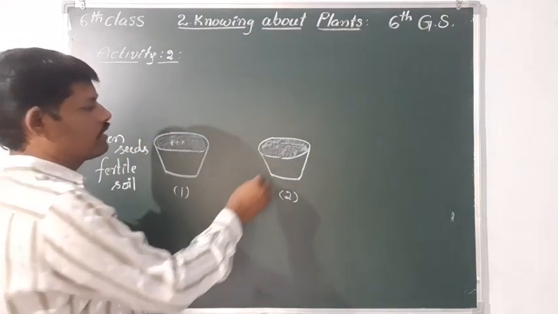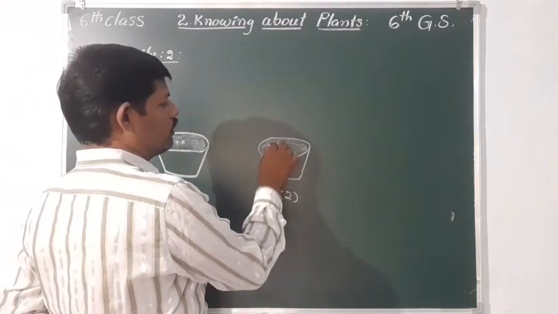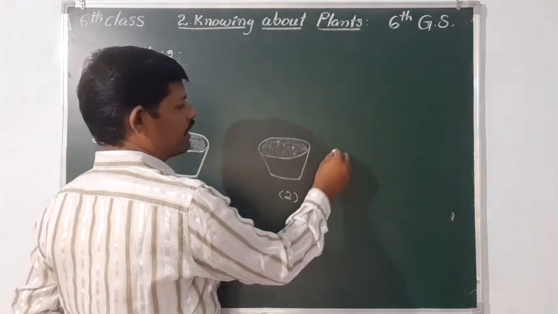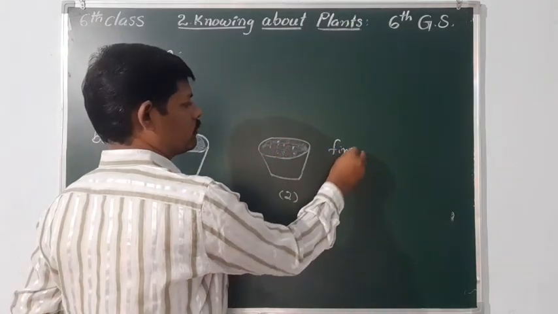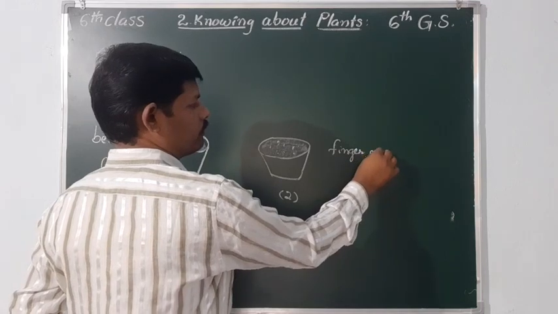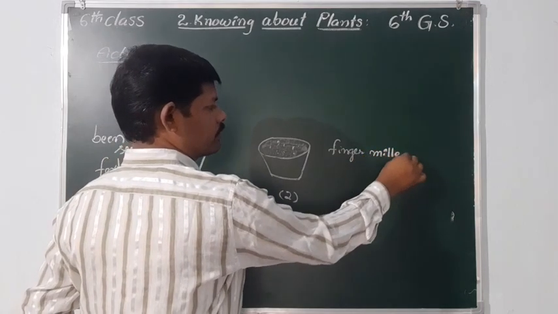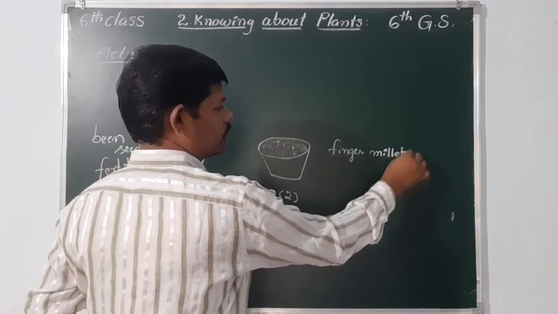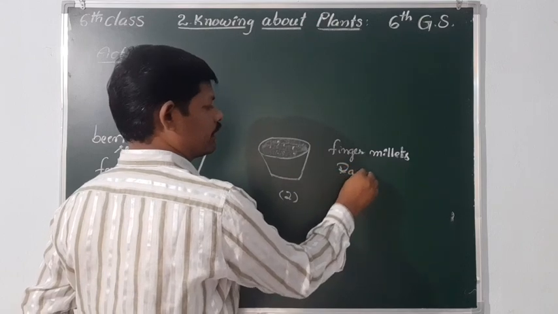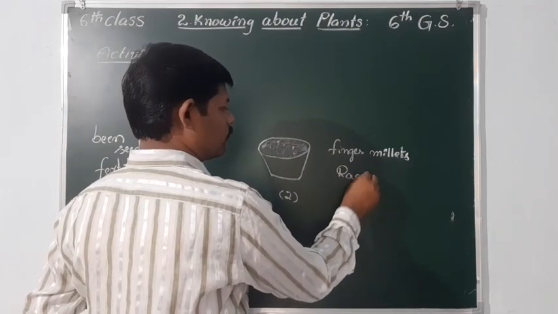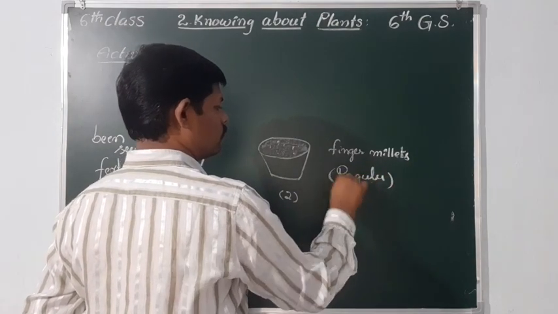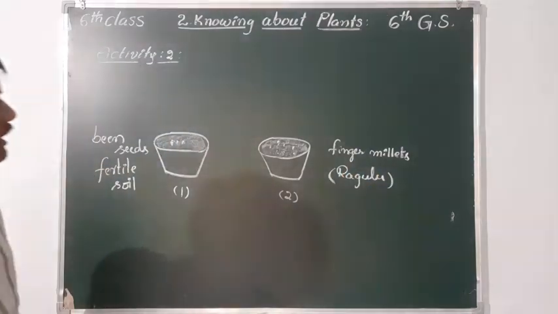In the other cup, place some finger millet seeds, very small seeds. Finger millet is called Ragulu.